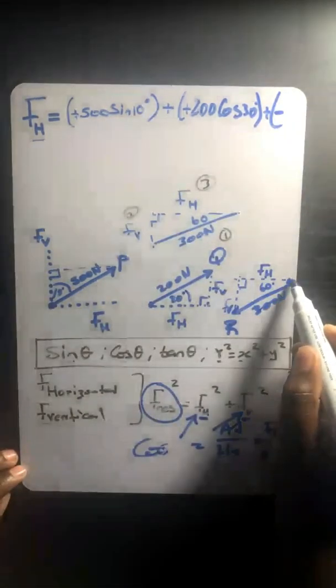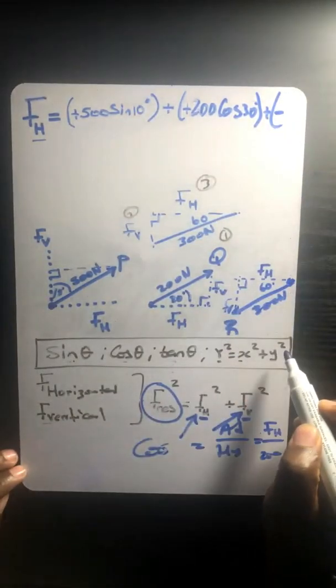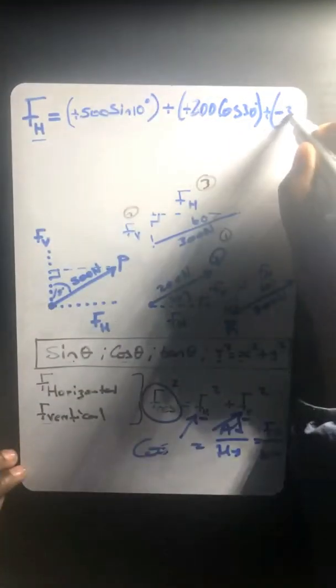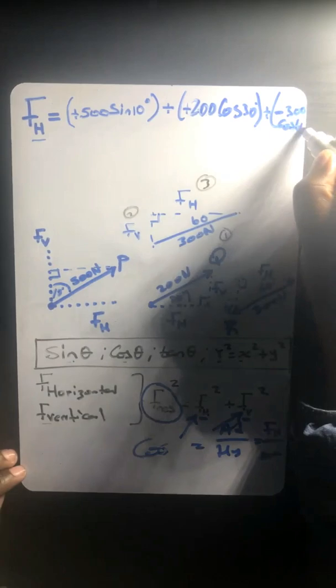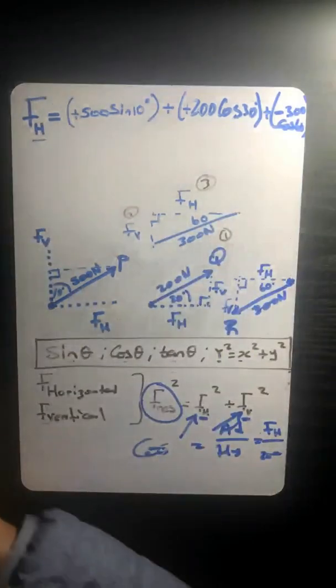But be careful, in this case it is minus. Why minus? Because you can see it's acting in the opposite direction. So that is why it's minus 300 cos of 60 degrees.